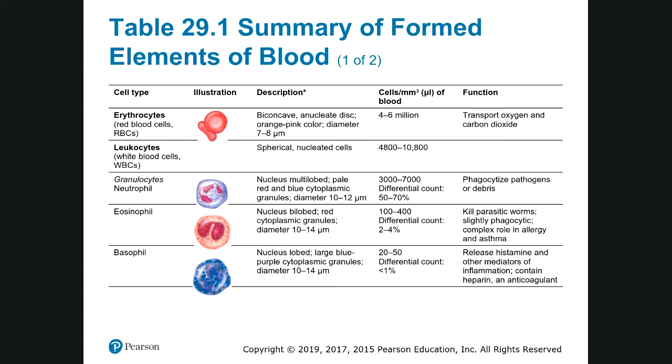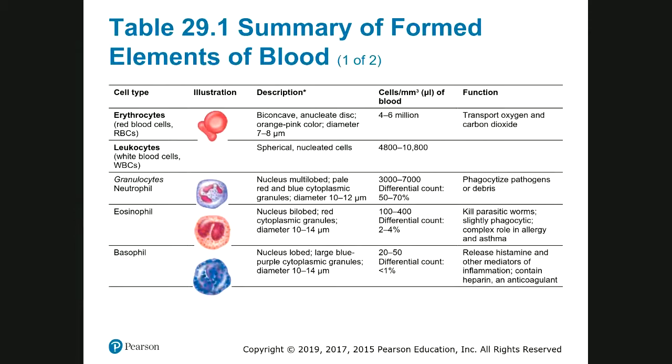The way we are going to differentiate all these 5 white blood cells is by the form of their nucleus and also by the presence of granulations. When they are granulocytes, we look at the form of their nucleus. When the nucleus is multi-lobed, this is neutrophils. The function of all the white cells is to defend your body. The function of the neutrophil is to phagocytize pathogens.